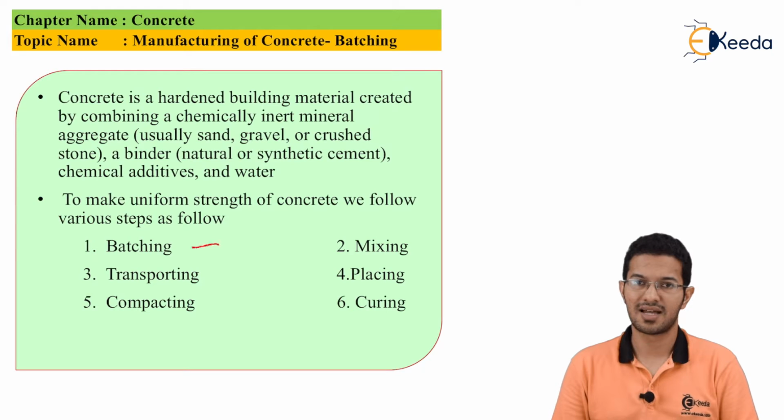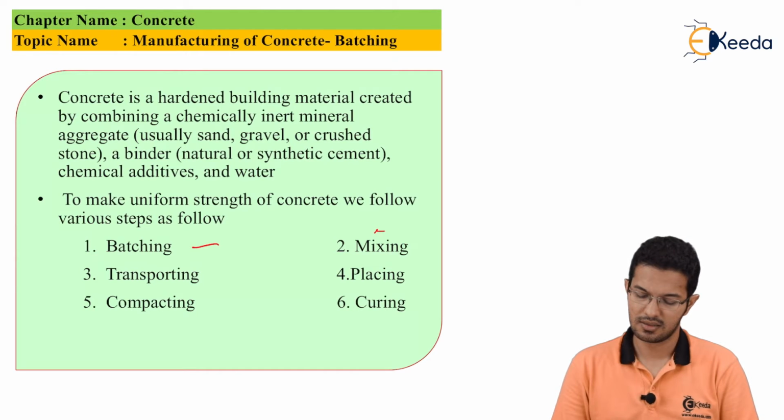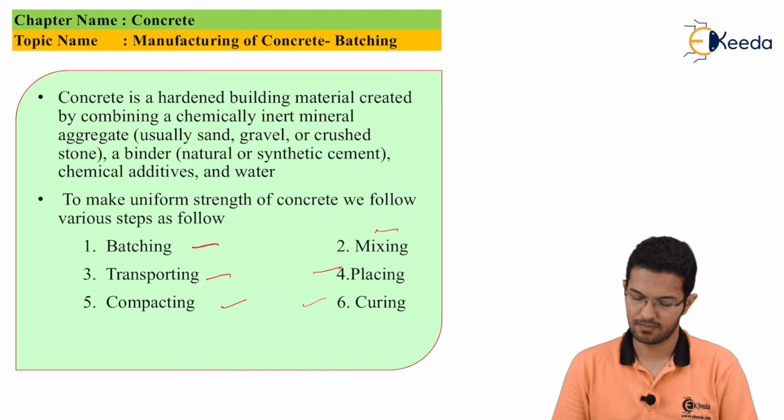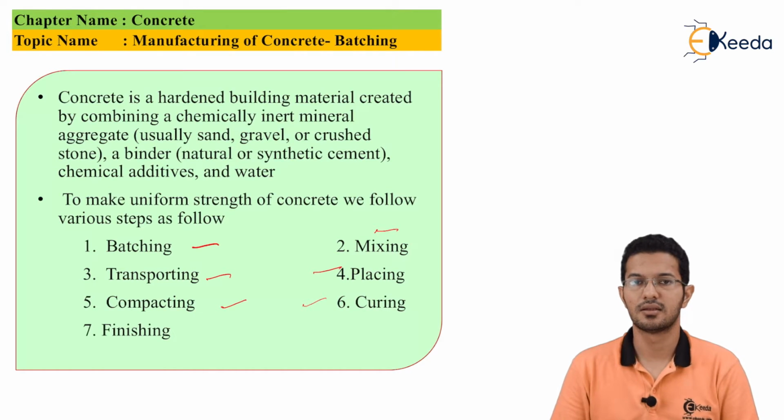The first is batching, the second is mixing, third, transporting, fourth, placing, fifth is compacting, sixth is curing, and then the last step is finishing. The rest of these steps except batching will be discussed in the subsequent videos.